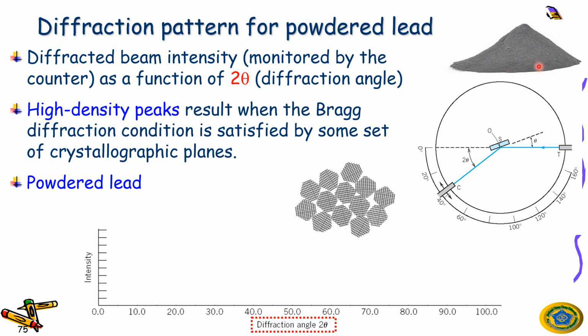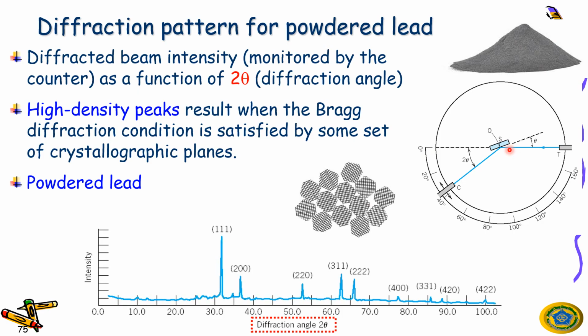You put this kind of small particle here, you will get a set of peaks. For example, at a 2 theta angle of 33 you get a peak, and at 37 you get another peak, and at 52 another peak, etc.